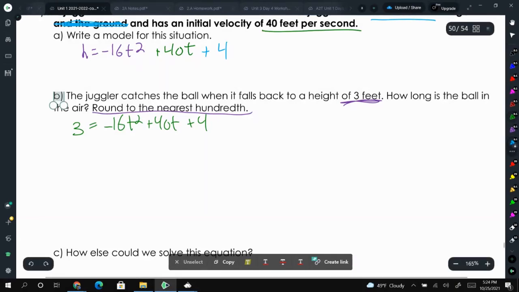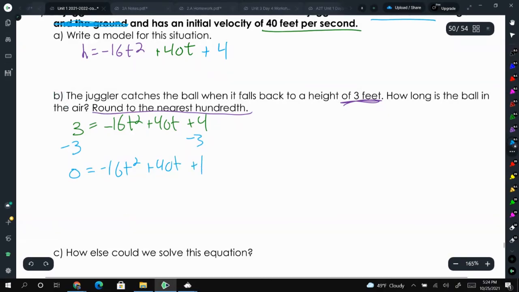And what that will allow us to do is subtract 3 from both sides, and then we get 0 equals negative 16t squared plus 40t plus 1. And now we can use the quadratic formula.